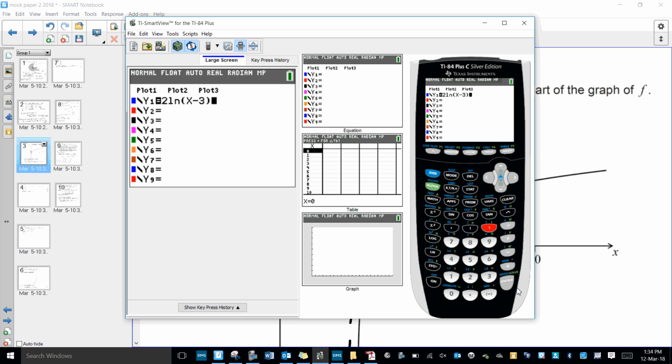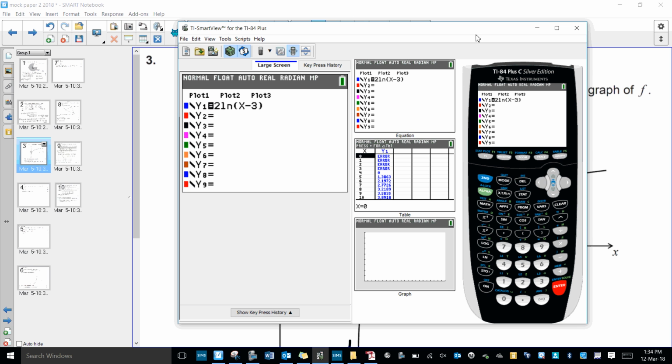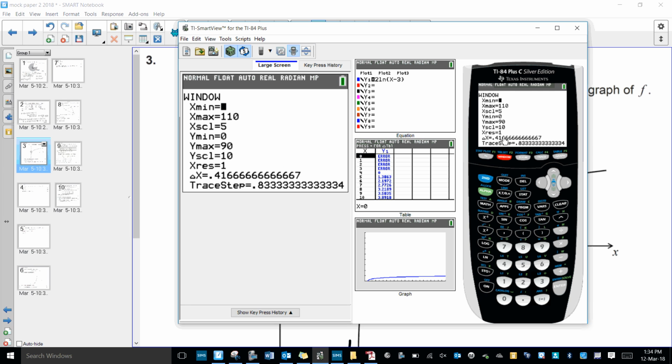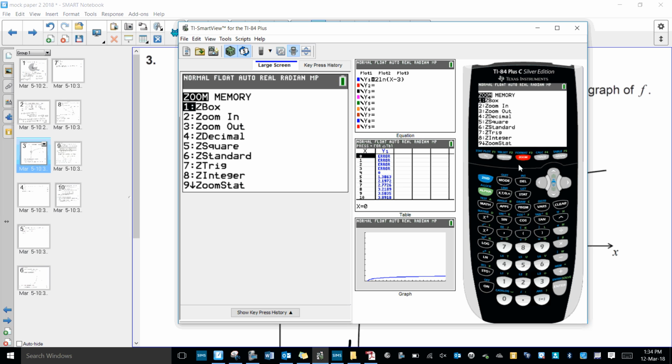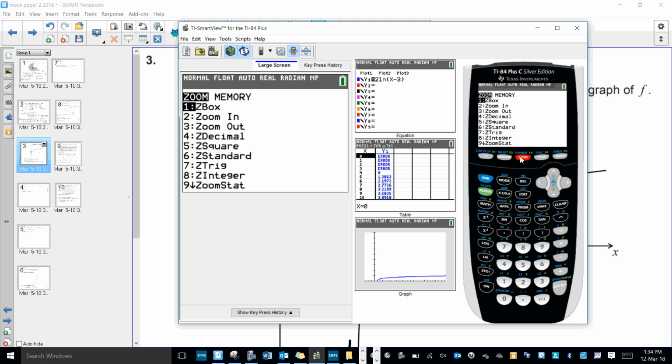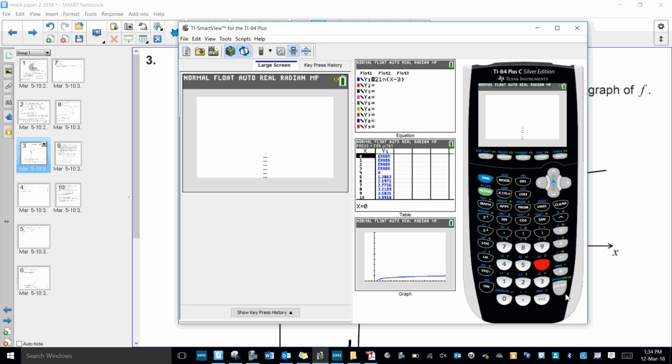Okay, so if we graph that, I've got different axes, so let me change my window. Zoom standard. Zoom 6. Okay, so we can see this is 1, 2, 3, so we can see that that value is x equals 3.